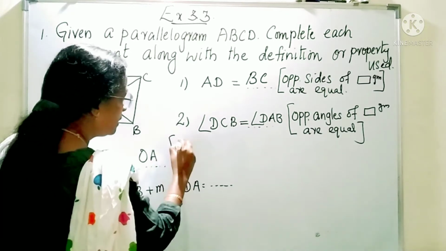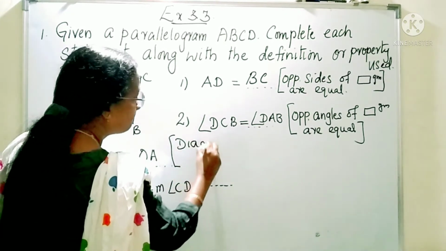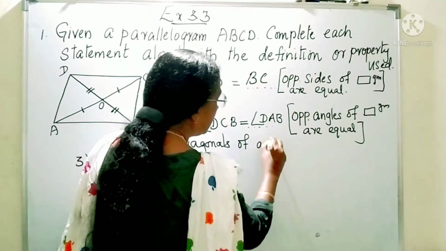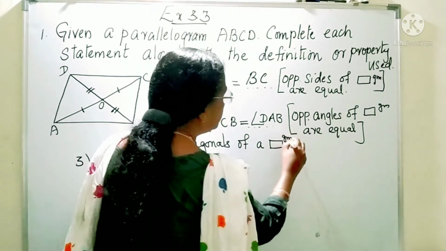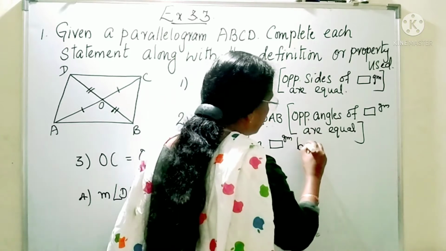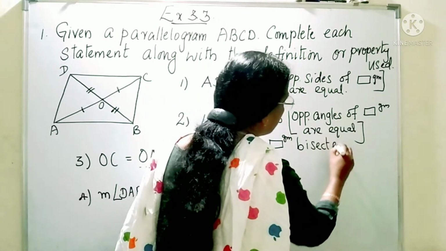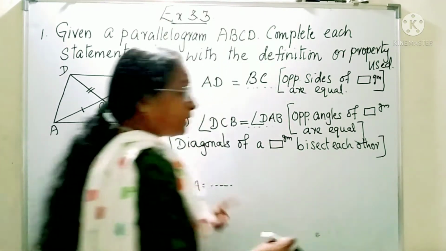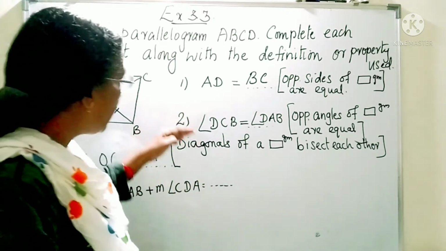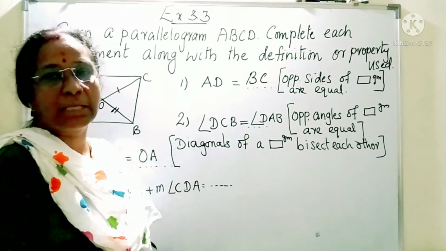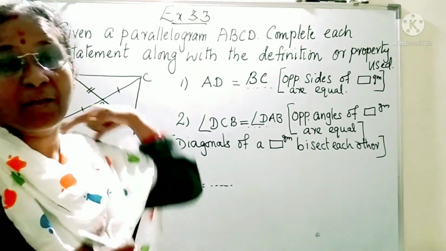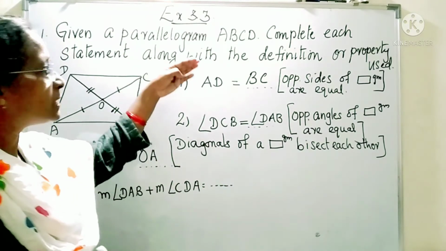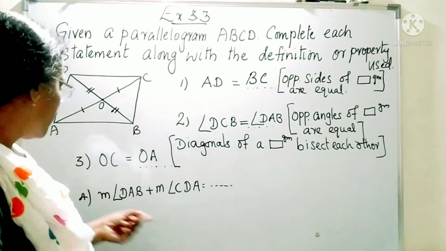That is because diagonals of a parallelogram bisect each other. Now it is important to know to write reasons like this, because when you go to higher classes, 9th standard, there will be theorems which you have to prove and write reasons for. So please practice this way so that it will help you in higher classes.